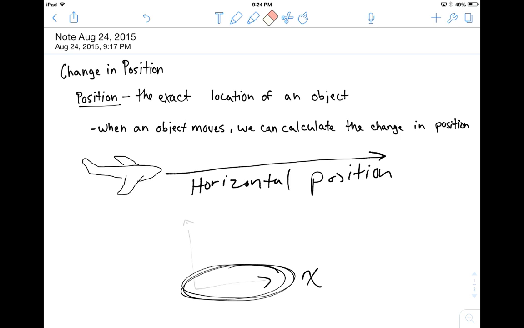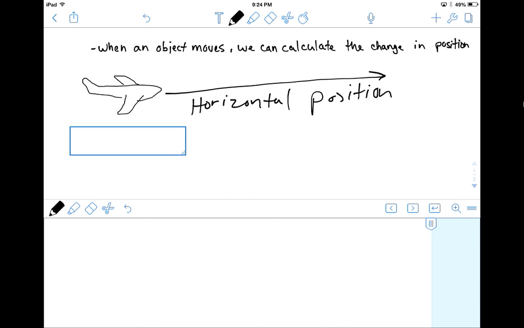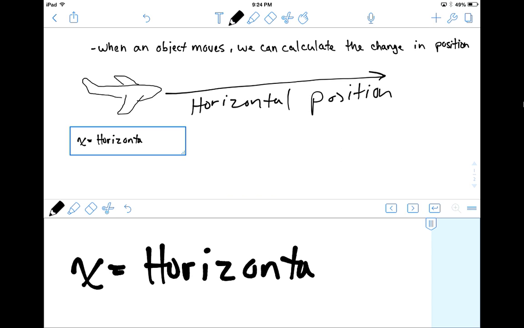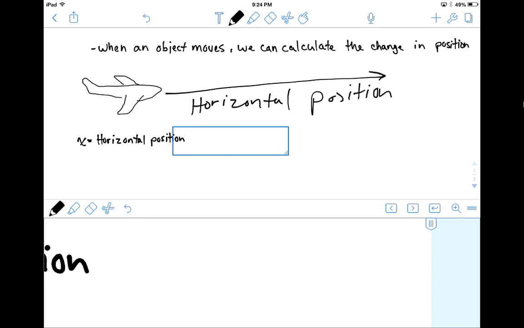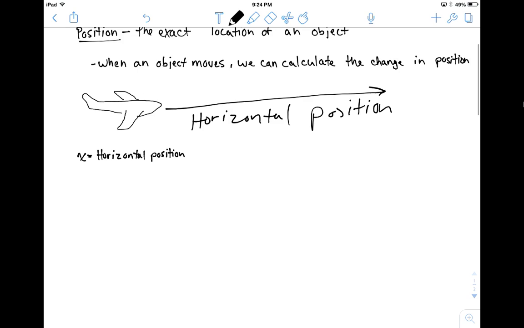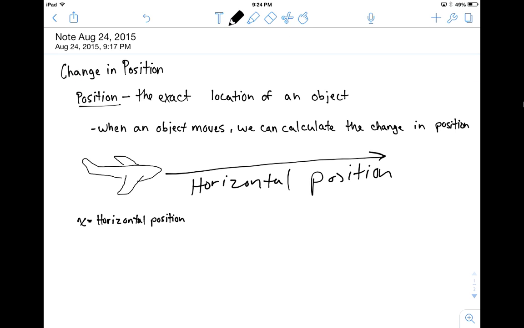So when we're going to talk about the horizontal position, we are going to call that x. So let's do this. All right, x equals horizontal position, or we can just think of it as side-to-side position. So from now on, every time you see an x, that x is going to mean where is that airplane at in a side-to-side direction. We're not going up and down here, just side-to-side.